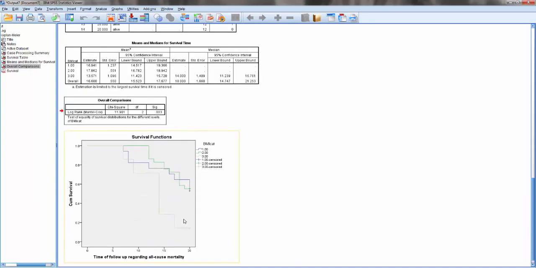If you go to the plot we asked for, we can see this graphically. This is the obese dwarfs, and their survival curve is very different from the survival curves of the normal weight or the overweight dwarfs. In green we have the overweight survival curve, and in blue we have the normal weight survival curve.